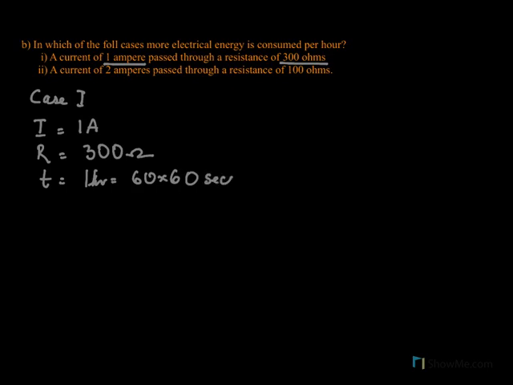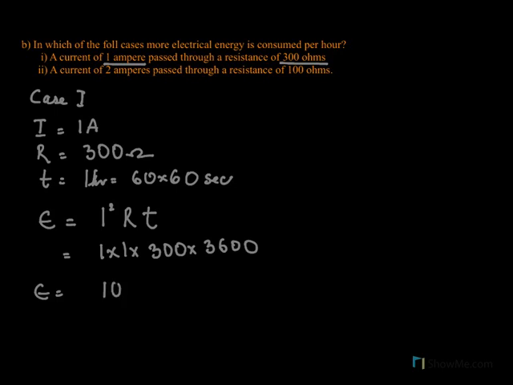Here I've got to find the energy. I'll use the formula I square R T because current is given. So 1 into 1, resistance is 300, and this is 60 into 60, 3600. So the energy works out to 1,080,000 joules.